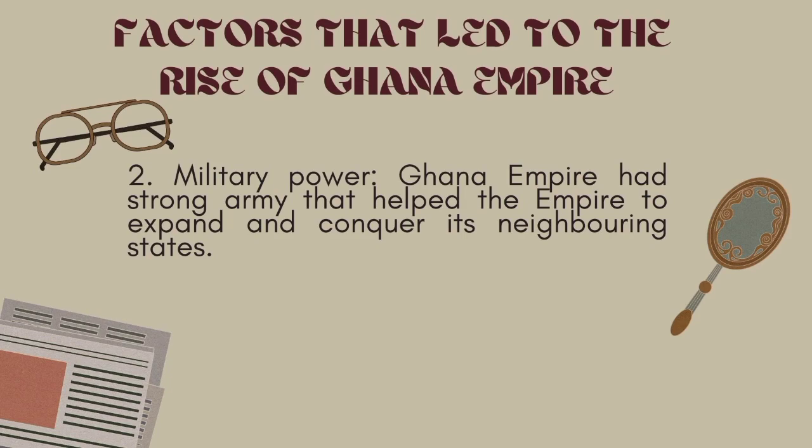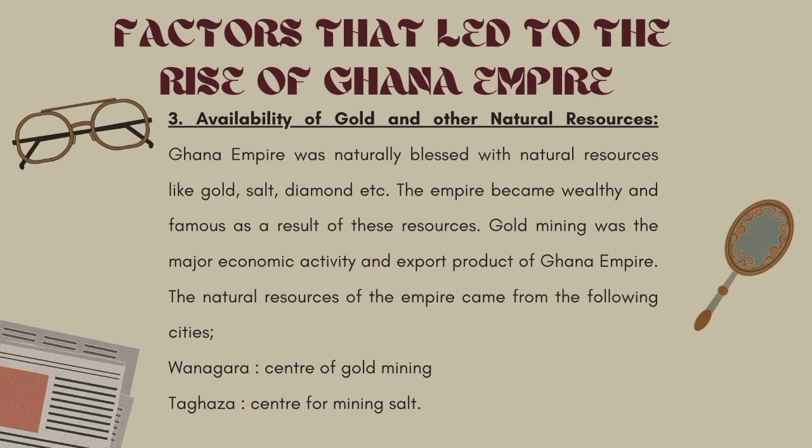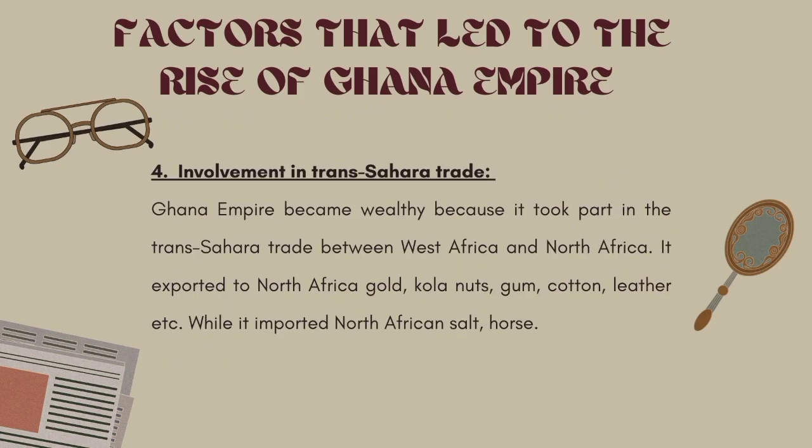Then we also talked about availability of gold and other natural resources. We said gold and other natural resources like salt and leather were readily available in Ghana Empire. I also mentioned their involvement in trans-Sahara trade, the kind of trade between the North African countries and the West African countries across the Sahara Desert.